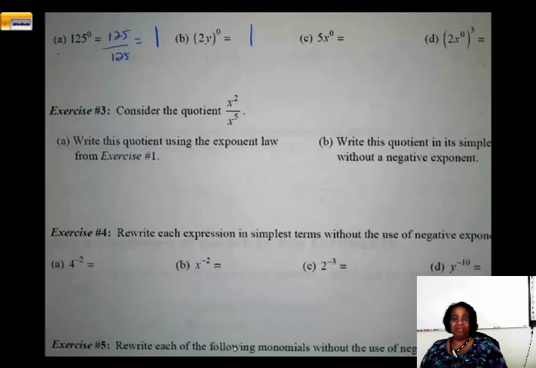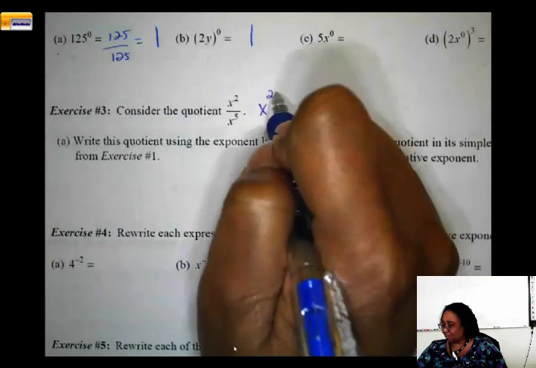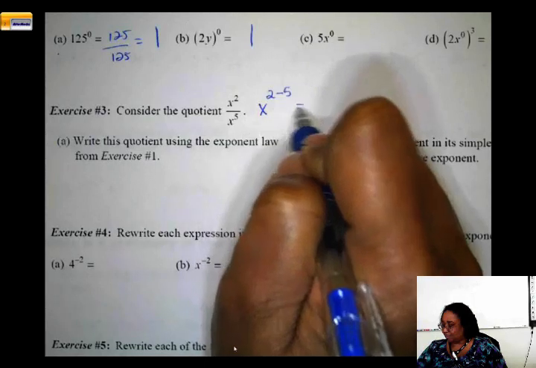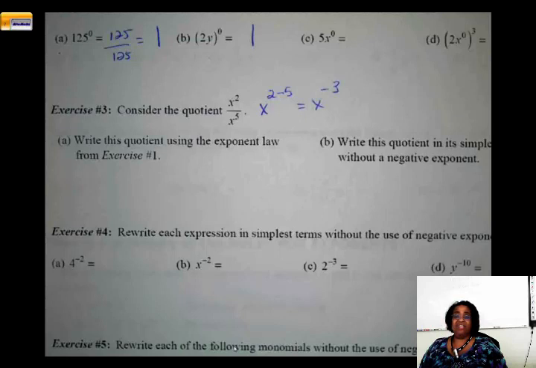Consider the quotient. Now, what's another way to write this? Okay, we could also write that as x to the negative 3 if we were to simplify it. Because it's going to be a quotient problem, we would subtract the 2 minus the 5. That would give me x to the negative 3.